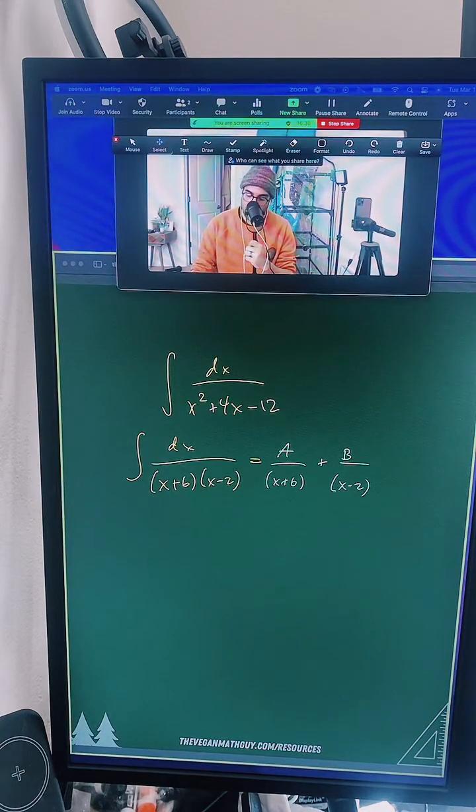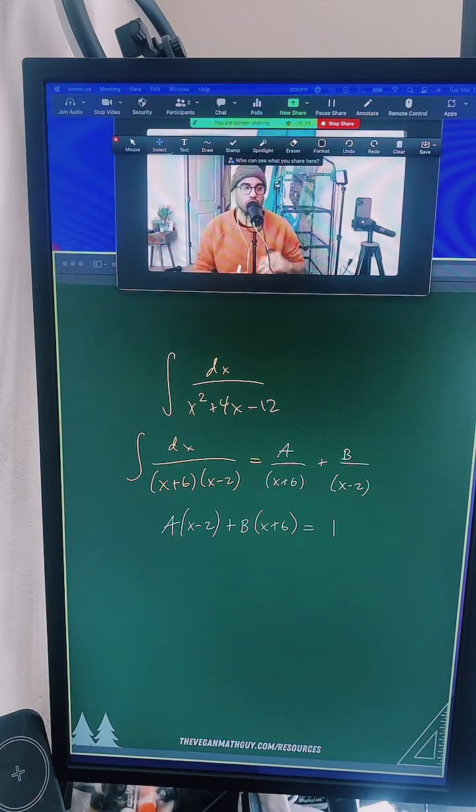We're going to have a times x minus 2 plus b times x plus 6, and this is supposed to equal 1, which is the numerator in the integral that we had. So I'm going to use something called the cover-up method. Some teachers will tell you that you have to distribute the a and the b, but in this case, it might be easier to just do the cover-up method.